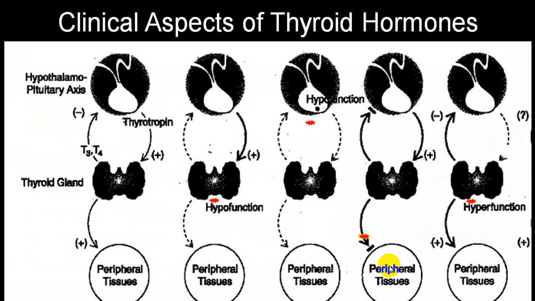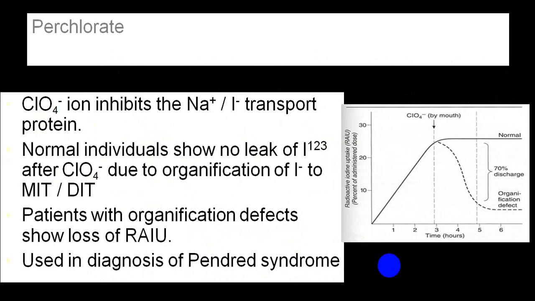And in Pendred syndrome, there is a defect in one enzyme, and that can be easily diagnosed by doing a perchlorate test. So the perchlorate test is reserved for diagnosing Pendred syndrome, which is a genetic disorder.